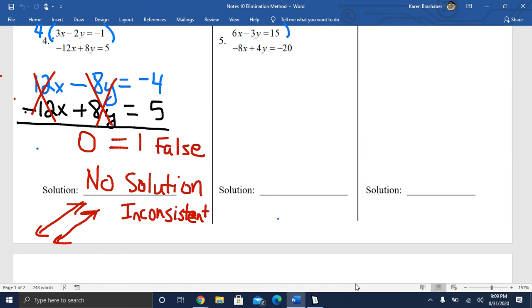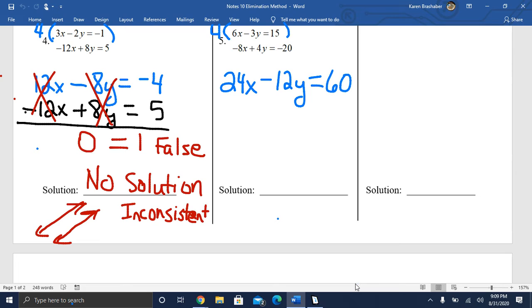So I could multiply my top equation by 4, because 4 times negative 3 would give me negative 12. So multiplying everything, 4 times 6x, that would be 24x. 4 times negative 3y, that would be negative 12y. Then my equal sign, 4 times 15, which gives me 60.